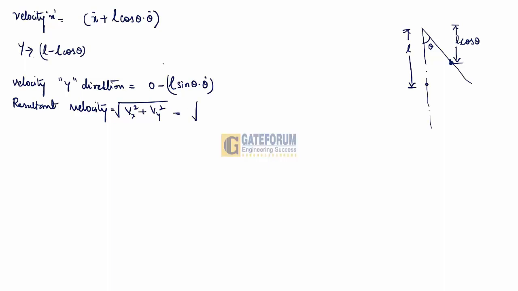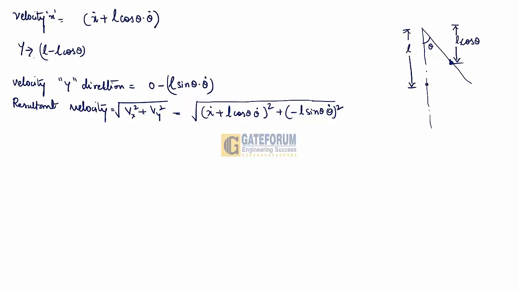Just now we have written Vx and Vy, so I can write it as x dot plus L cos theta into theta dot, whole square, plus minus L sine theta into theta dot, whole square.